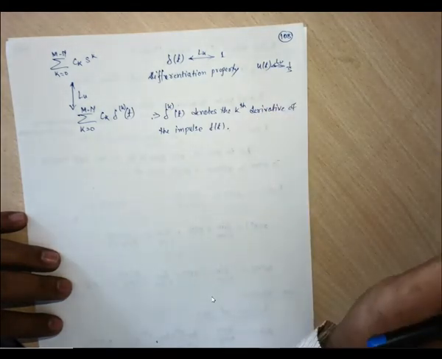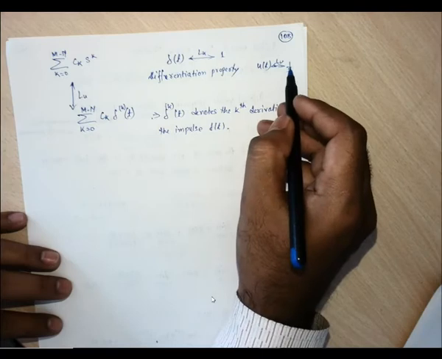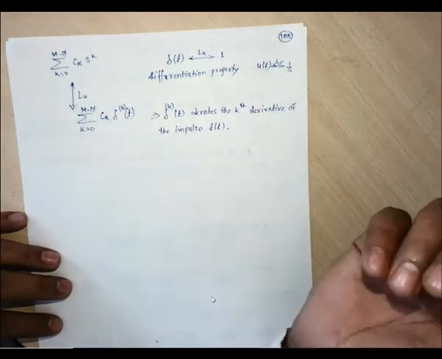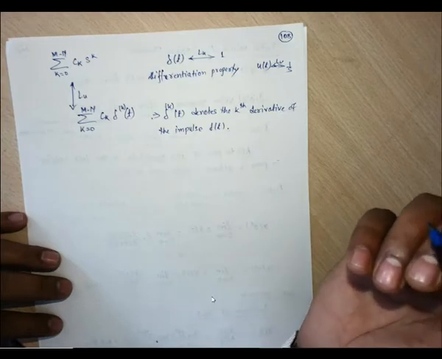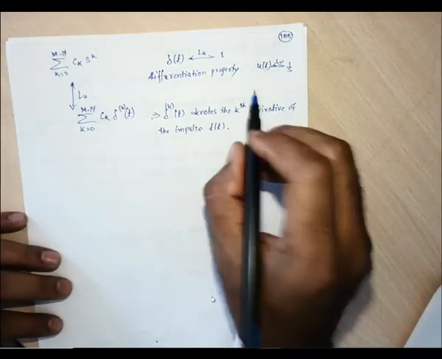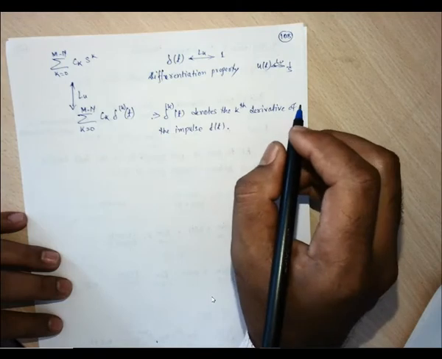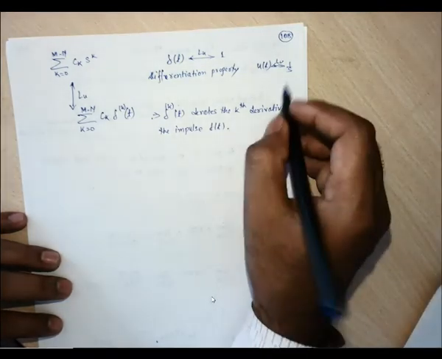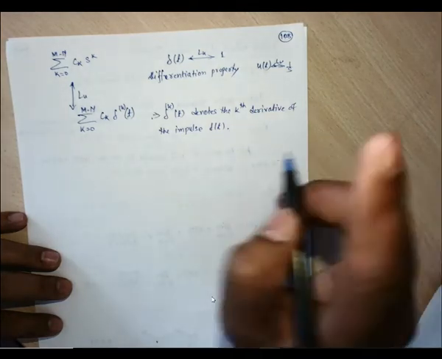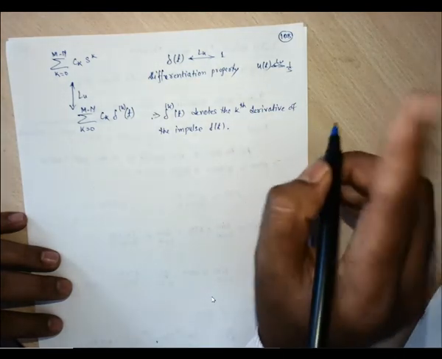If we take the differentiation of that 1, we are supposed to get the impulse, because the unit step is the integration of all the impulses, or the impulse is the differentiation of the unit step.